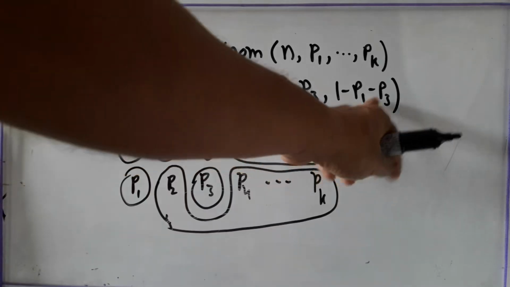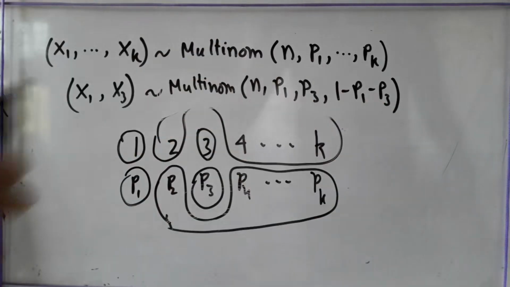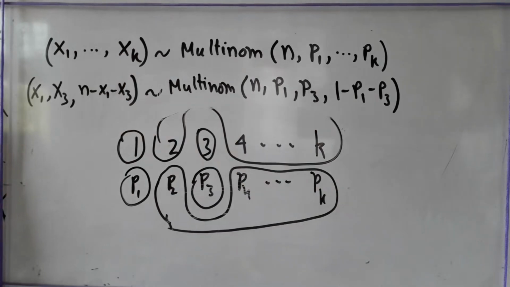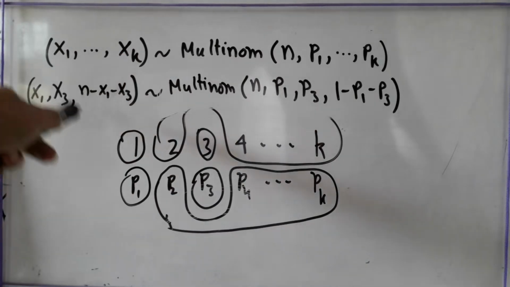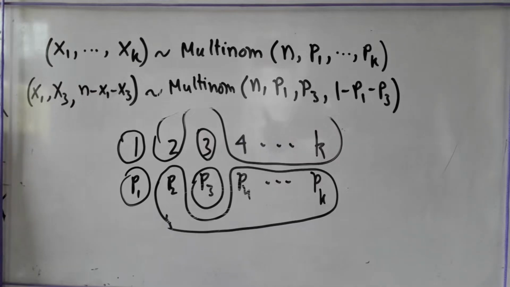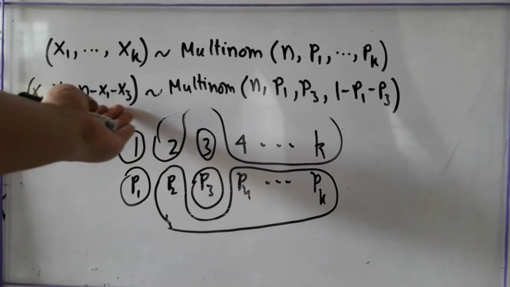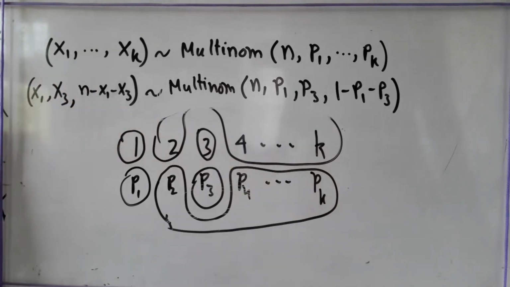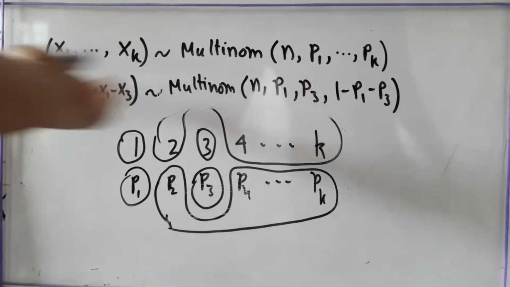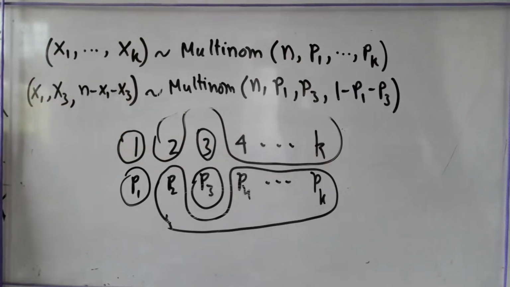Here I have got three things, three-faced die. So here also we should have actually three things. So we should better write x1, x3, comma, n minus x1 minus x3. It is just to satisfy our notation. So the randomness here is only in x1 and x3 because this is completely determined by the first two components. So from this you are getting actually the marginal of x1 and x3.